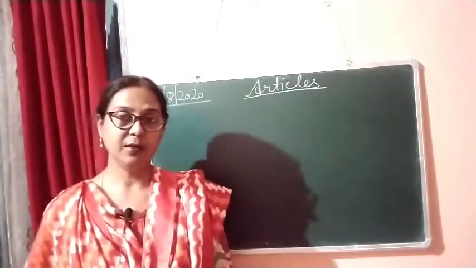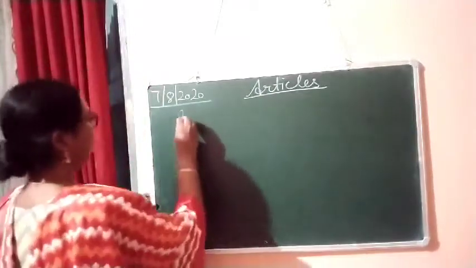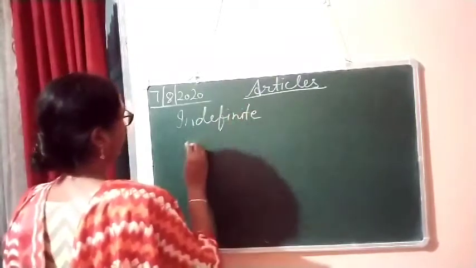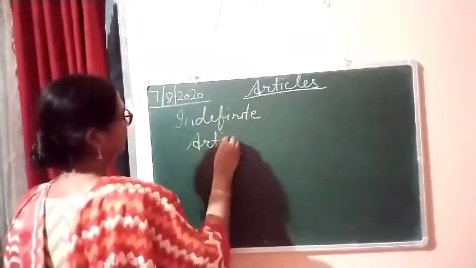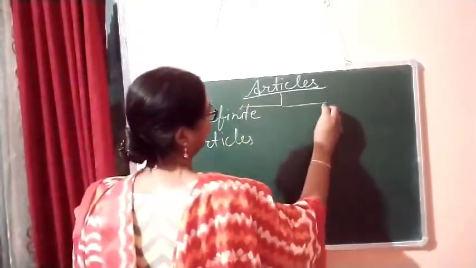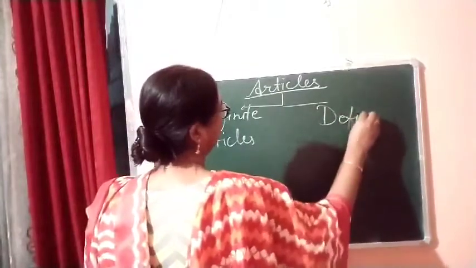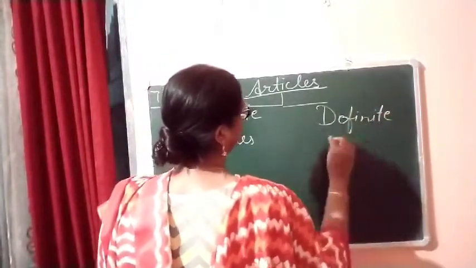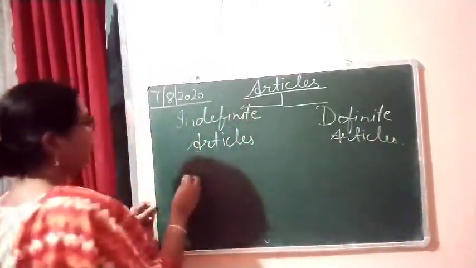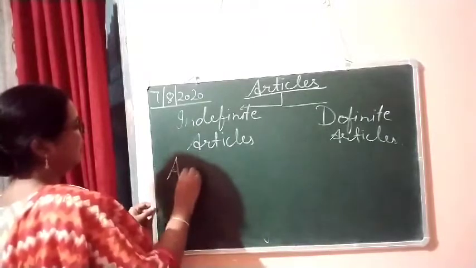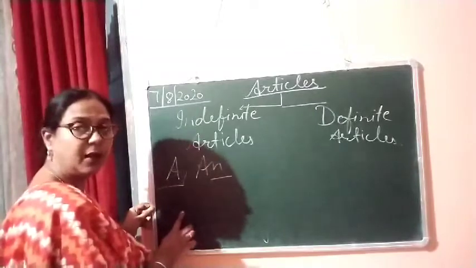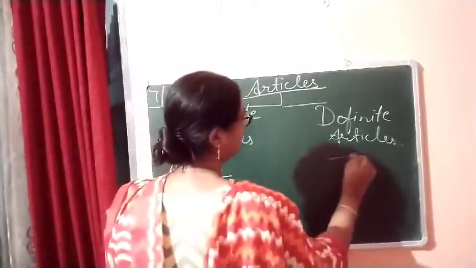Now, indefinite articles are a and an. These are the 2 indefinite articles, and the definite article is only the.